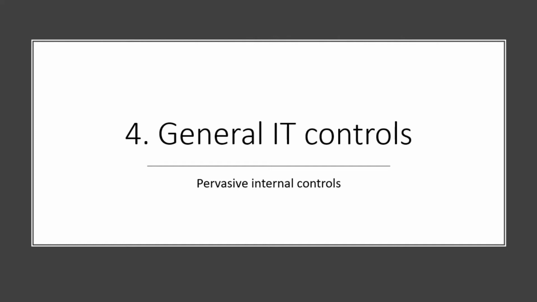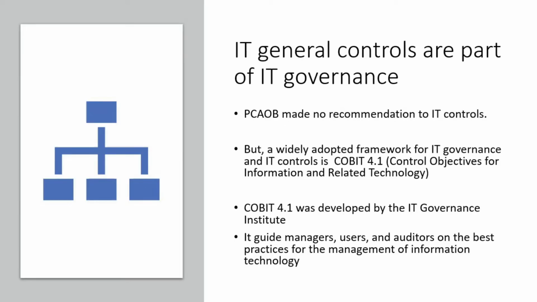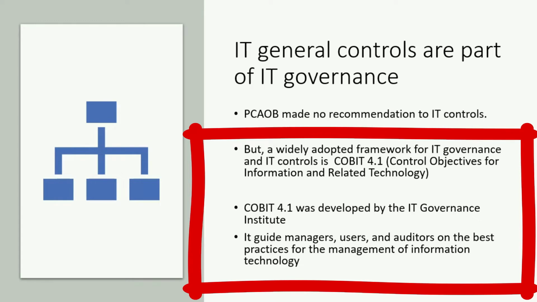The fourth aspect of pervasive controls is general information technology controls. The IT general controls are part of IT governance. The PCAOB made no recommendation on IT controls, but a widely adopted framework for IT governance and IT controls is COBIT 4.1, or Control Objectives for Information and Related Technology.